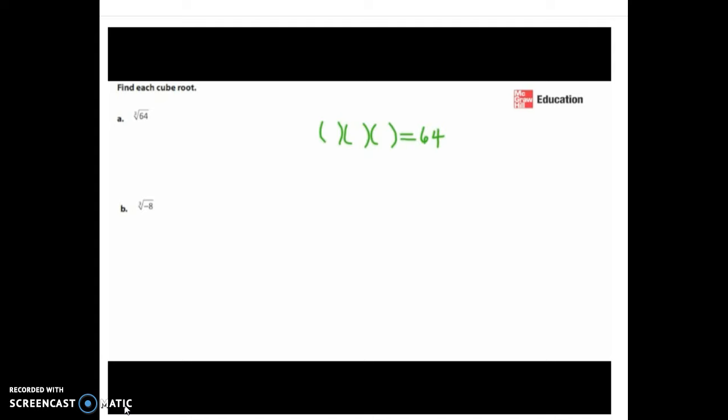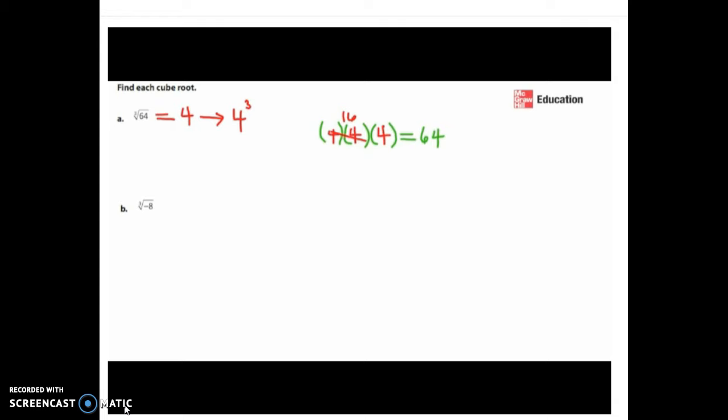With a little bit of trial and error, we see that if we multiply 4 by itself 3 times, 4 times 4 is 16, 16 times 4 is 64, we see that the cube root of 64 is 4.